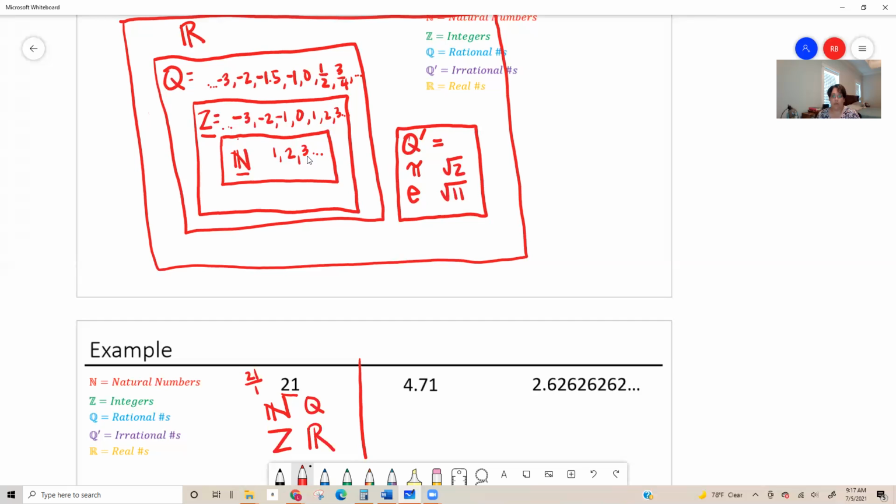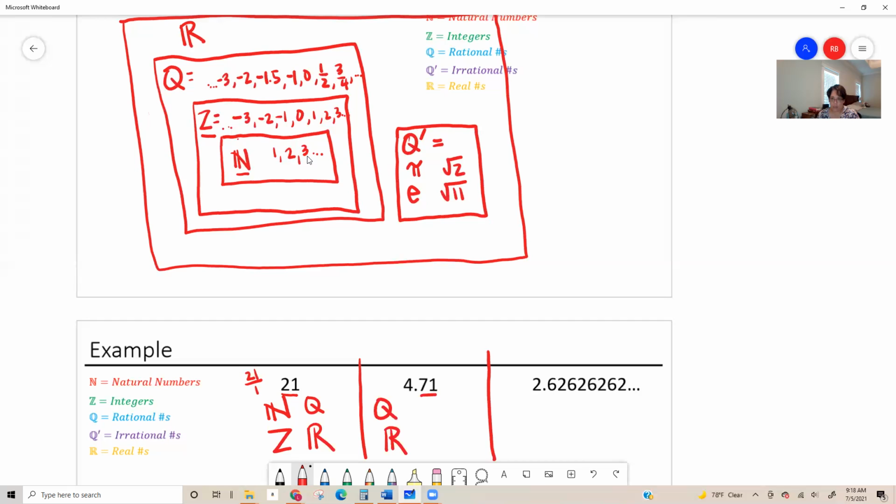So rational numbers are pretty decimals as well as fractions. And this is a pretty decimal because it ends. So that's a rational number. And remember that all rational numbers are also real numbers. Okay, so remember, if you're rational, you cannot be irrational. All right, so that's all that 4.71 gets.